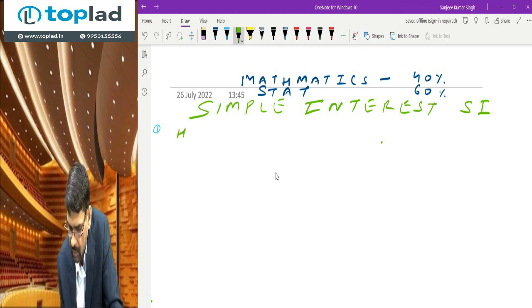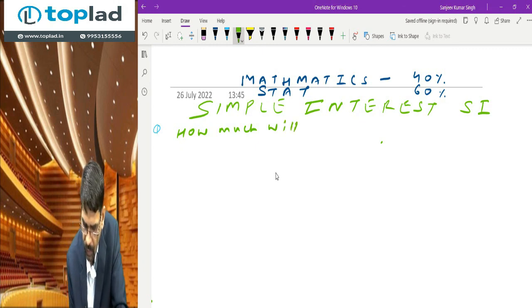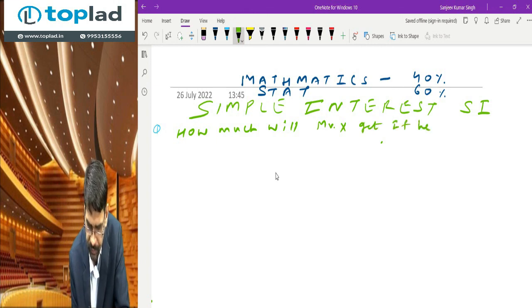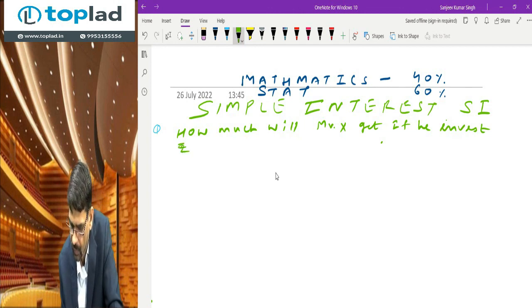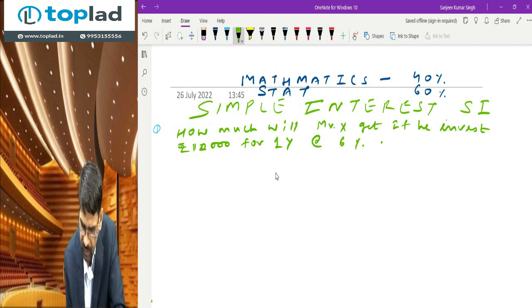Friends, how much will Mr. X get if he invests rupees 10,000 for 1 year at the rate of 6%. Option A.